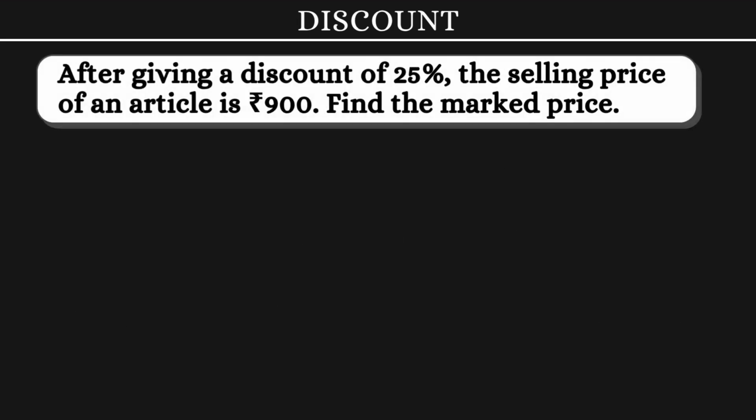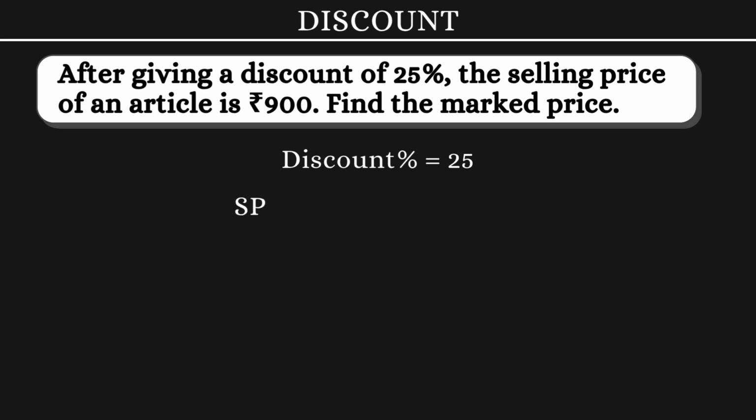Next question. After giving a discount of 25%, the selling price of an article is rupees 900. Find the marked price. Here we are given the discount percentage is 25.